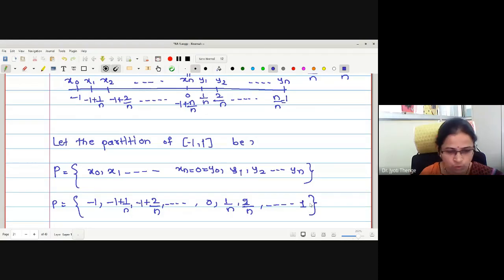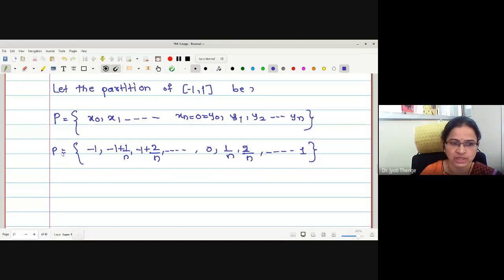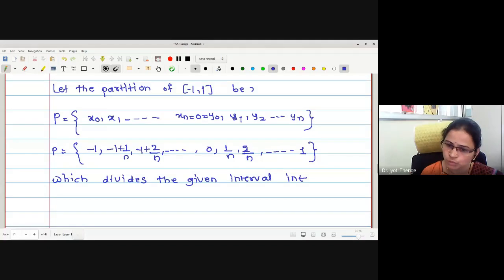Let the partition of -1 to 1 be this, which divides the given interval into 2n equal subintervals, each of length 1 by n.